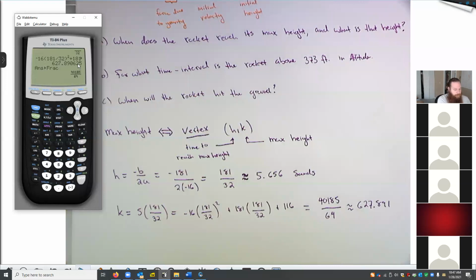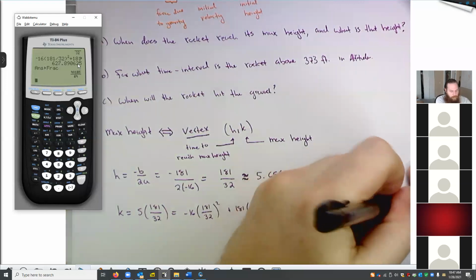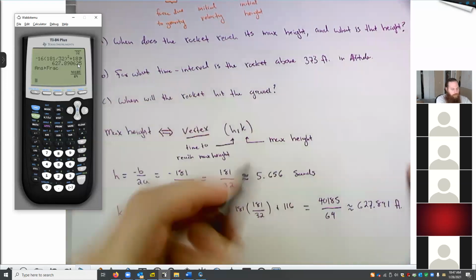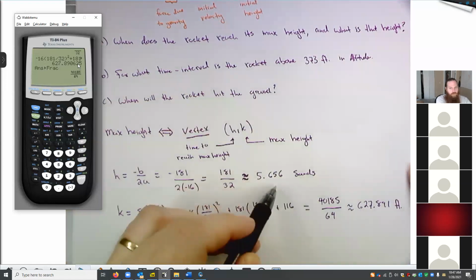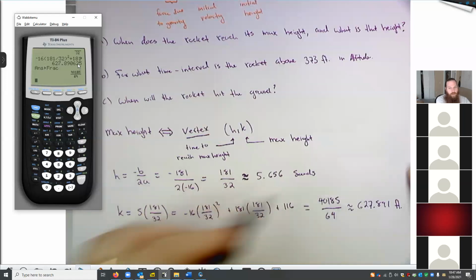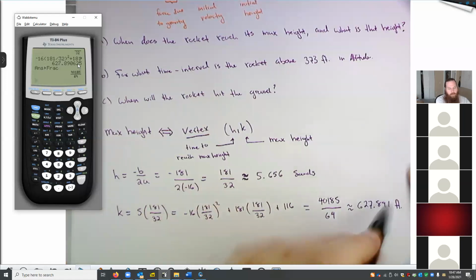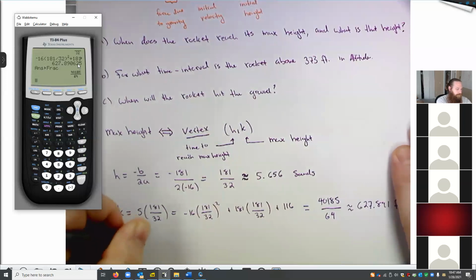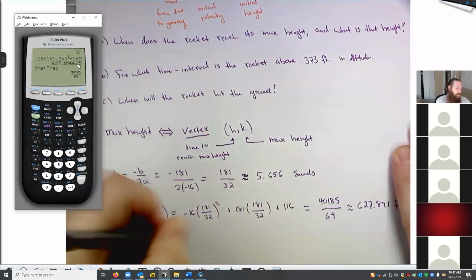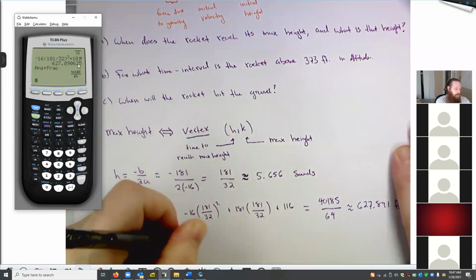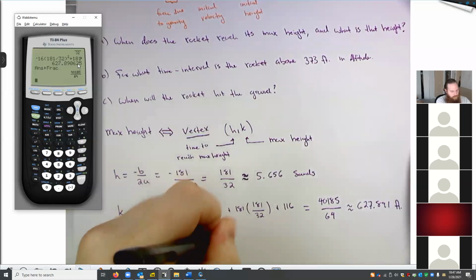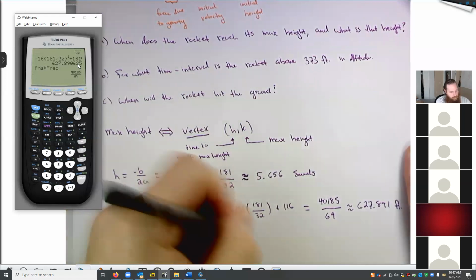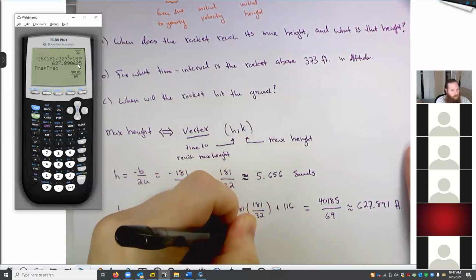So that's it. This is being measured in feet, of course. Your units are important. Do not forget your units. The h is a time. It's being measured in seconds. The altitude k is a height being measured in feet. They told us that in the problem. So the rocket's max height is 627.891 feet.